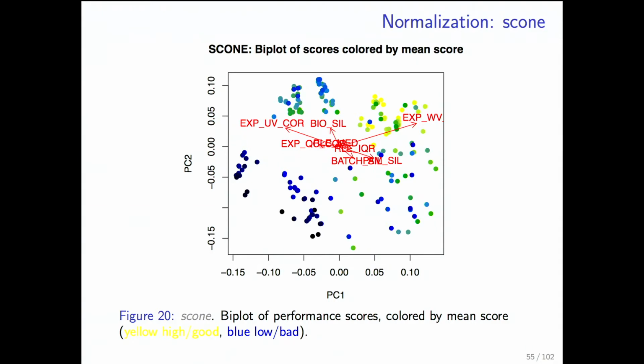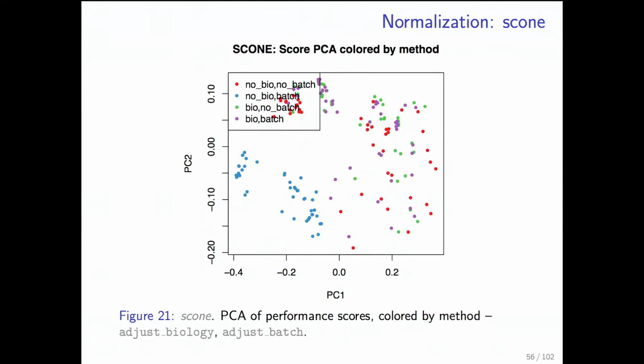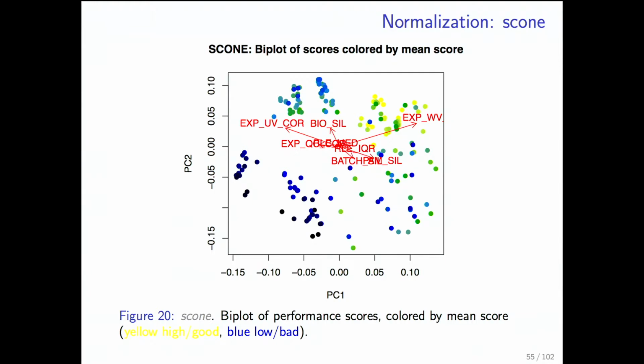Each point corresponds to one of the 172 normalization methods, color-coded by the mean performance score. Blue corresponds to bad performance, yellow to good performance. The good performing methods tend to score highly in terms of the scone metric for correlation of read counts with factors of wanted variation that we derive based on positive control genes.